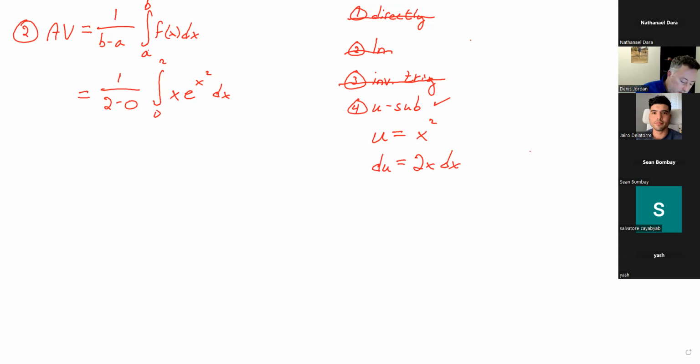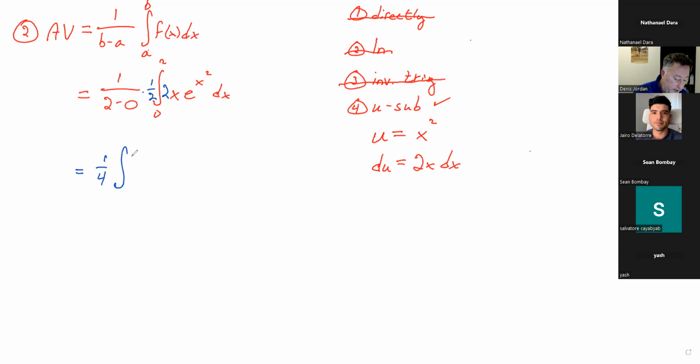So you need a 2 on the inside and a 1/2 on the outside, even though you already have a 1/2 out there. That's not from the u sub, that was from the average value formula. So that original 1/2 sitting out in front is still there. A 1/2 times a 1/2 is just a 1/4.